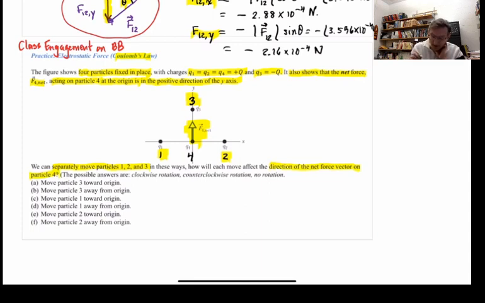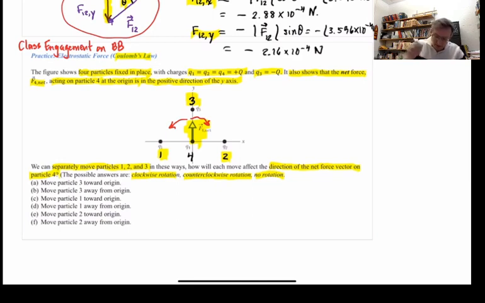And the possible answers are that F4 net will rotate clockwise, that way. F4 net will rotate counterclockwise, that way. Or F4 net will not rotate at all. It's one of those three.